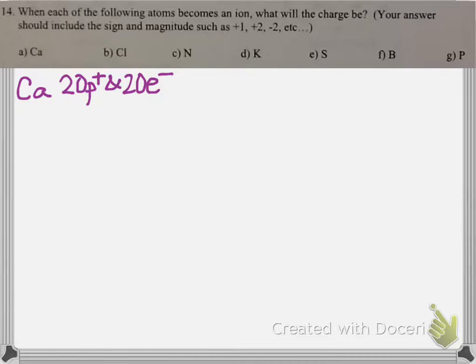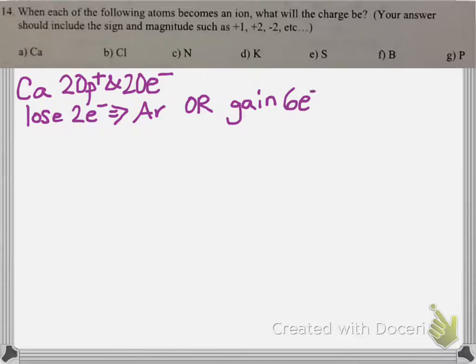So it could lose 2 electrons to be like argon, or it can gain, effectively, because we can disregard the 3D since those aren't in the highest occupied energy level, 6 electrons to be like krypton.